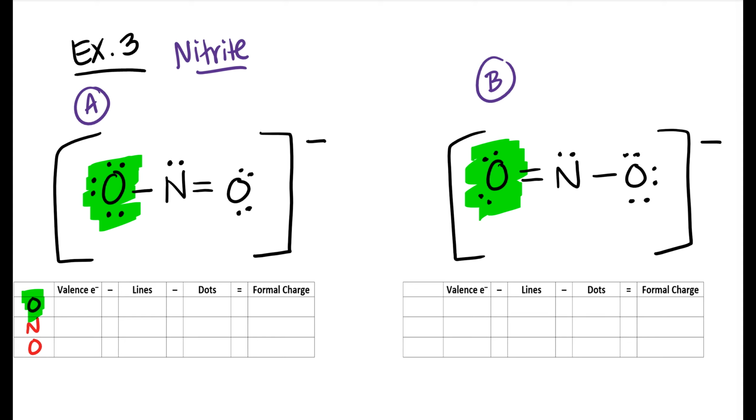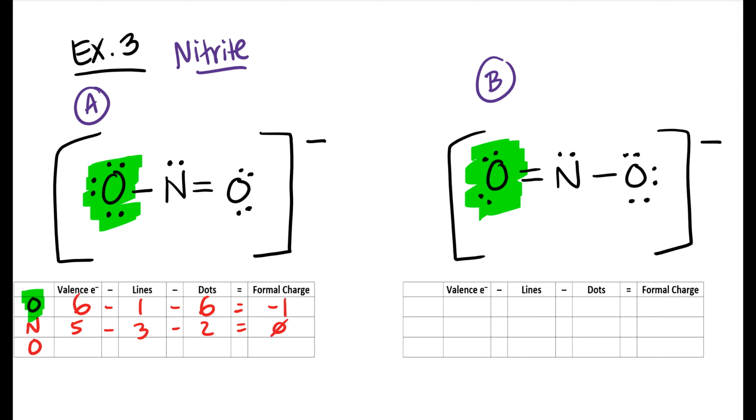Okay, so our highlighted oxygen in structure A, 6 valence minus 1 line minus 6 dots, I get a formal charge of -1. Nitrogen's turn, 5 valence minus 3 lines minus 2 dots, 0.